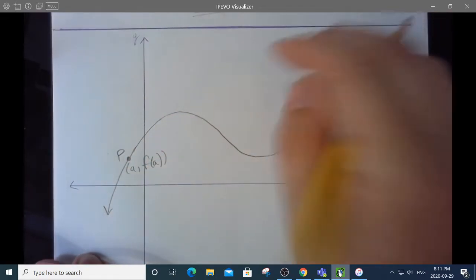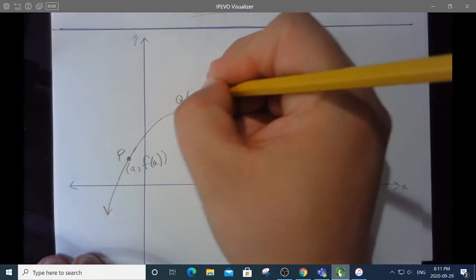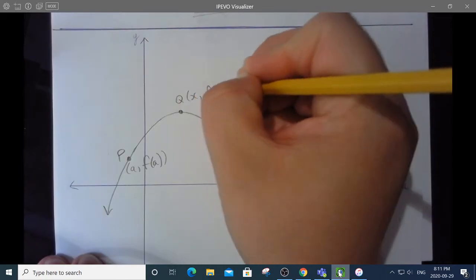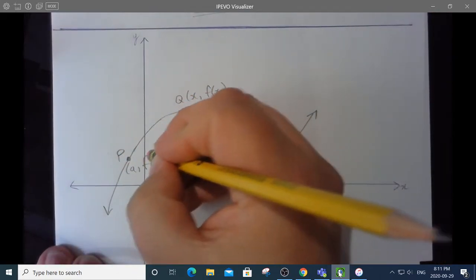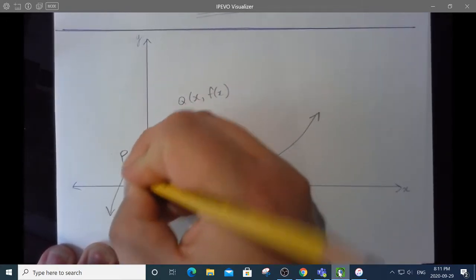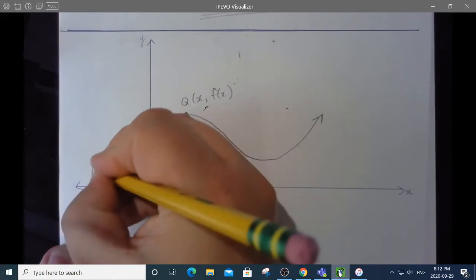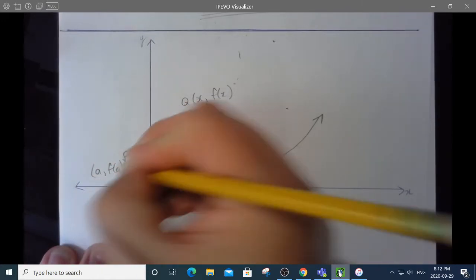And Q, this time, I'm again going to call points x and f(x). But now that I think about it, I've kind of put that in the way of what I want to do. That was not very smart on my part. I'm sorry. I hope you're working in pencil. Let's put the coordinates over here: a, f(a). You'll see why in a sec.